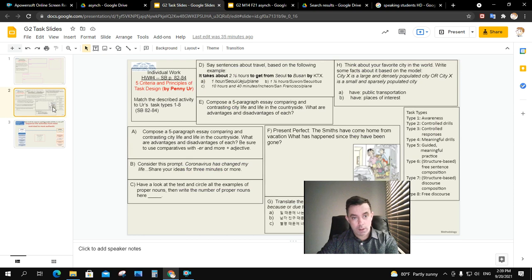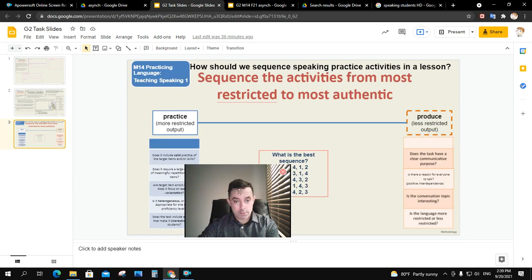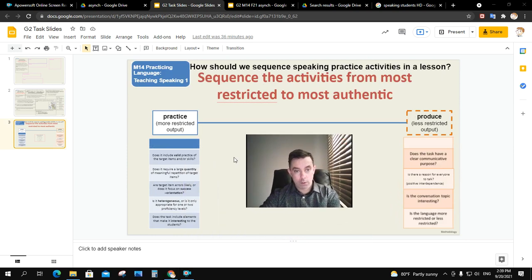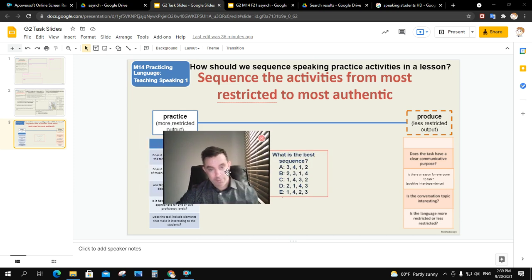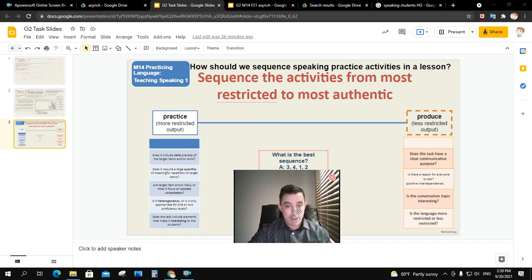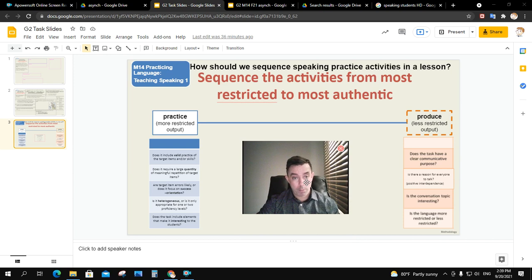The second one is going to just ask you to match these example activities to the task types, which are listed in your book for today's reading, task types 1 through 8. And the last one is simply a ranking task where you're going to put the practice activities which we talk about in a given order, 1, 2, 3, 4, or whatever you come up with, from the most restricted to the least restricted or most authentic practice.